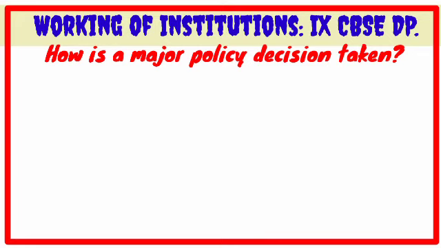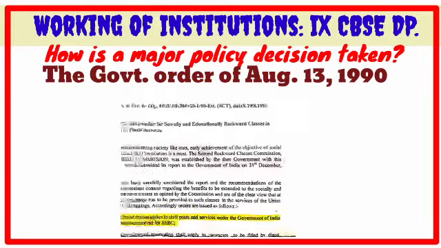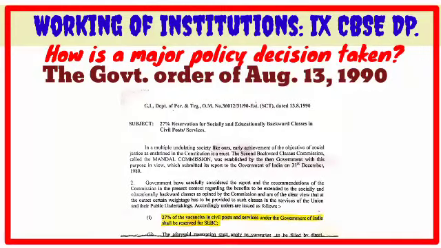Let us discuss the government order of August 13, 1990. An order is a decision issued by the government. Every day the government issues a lot of orders, but this order of August 13, 1990 is very important. Its name was Office Memorandum.